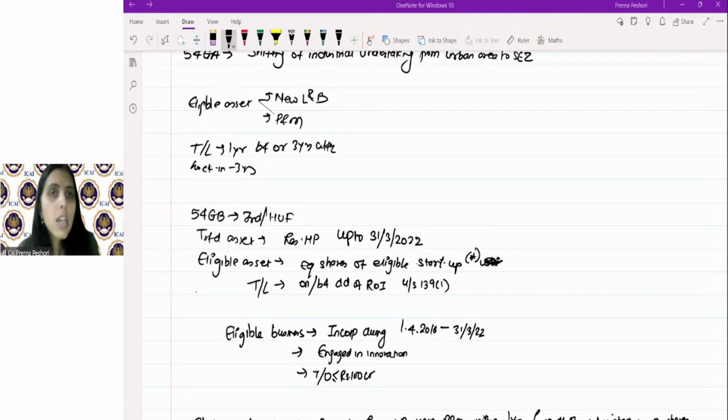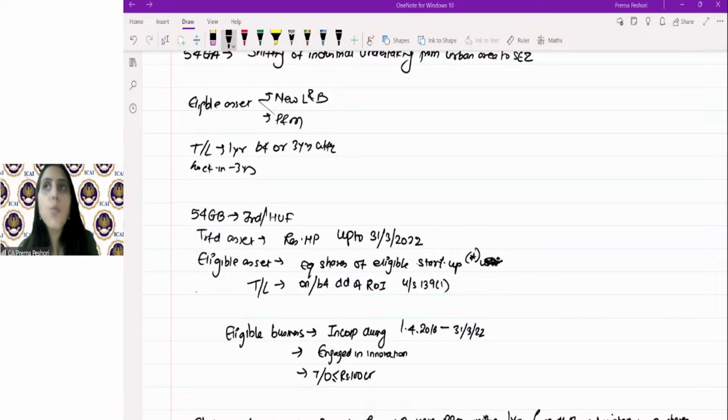So if you see under that particular 247.6, it appears to bring within its chargeability any transfer of immovable property, enabling the enjoyment, right? So any transaction which has the effect of transferring or enabling the enjoyment of any immovable property would come within the purview of 247.6 that we have seen.